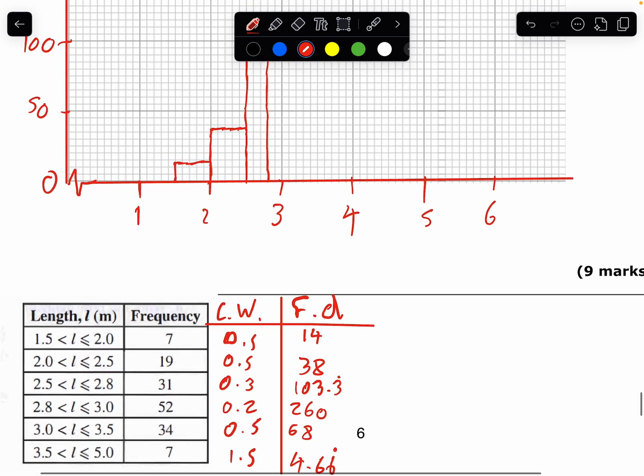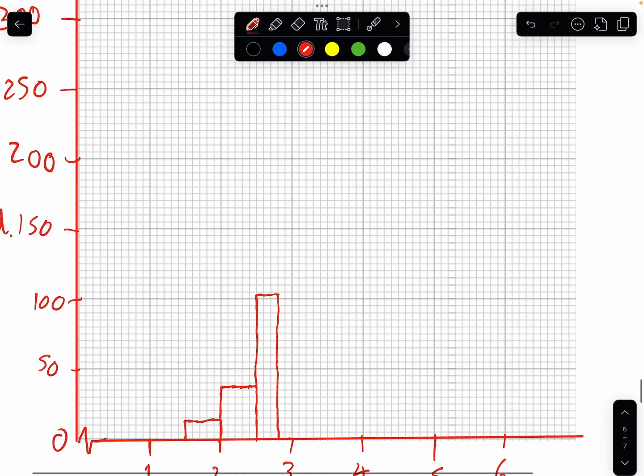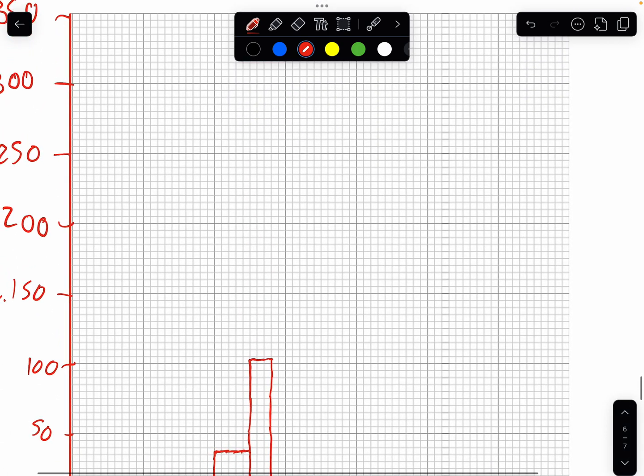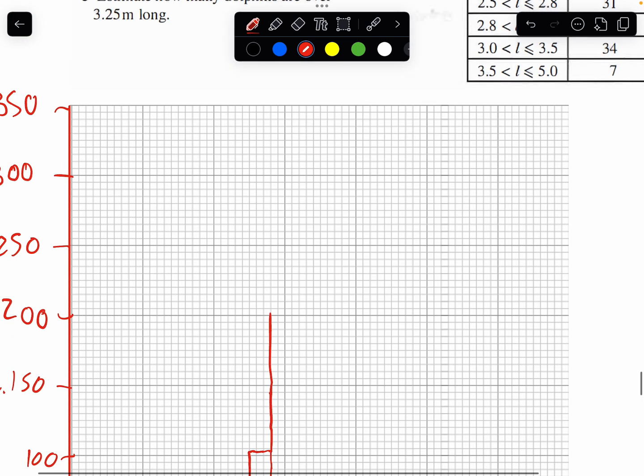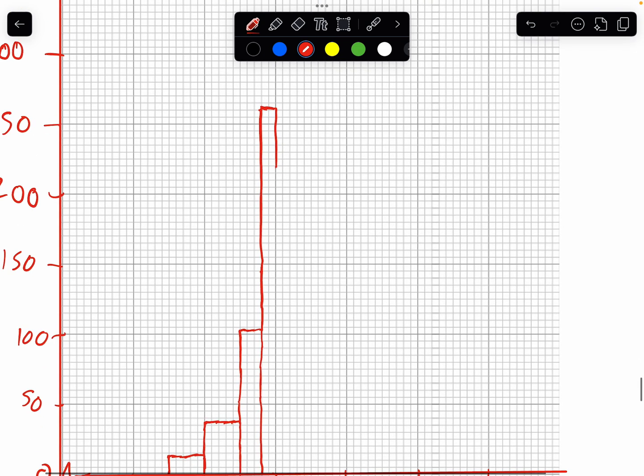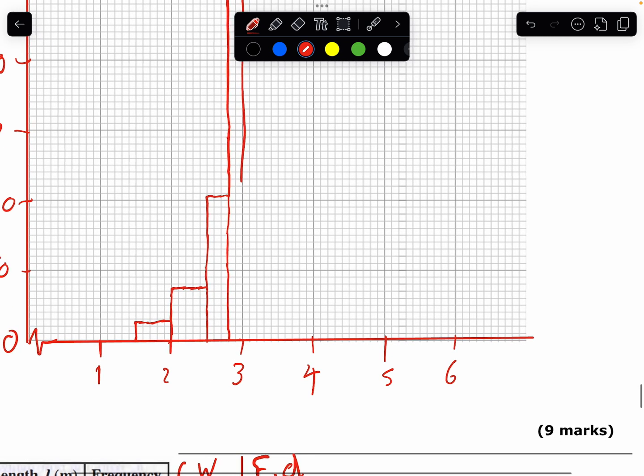From 2.8 to 3 is 260. Now that should be a lot easier to plot. That's going to be 2 squares above 250. Once again, each square is worth 5 vertically, and each square horizontally is worth 0.1. I'm hoping I didn't need to explain that part.